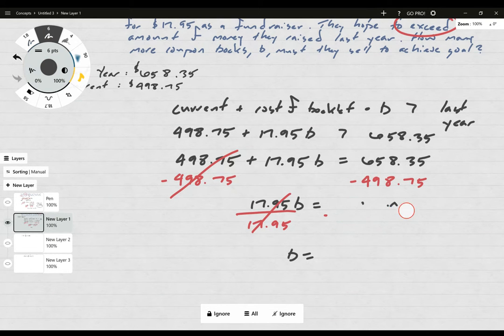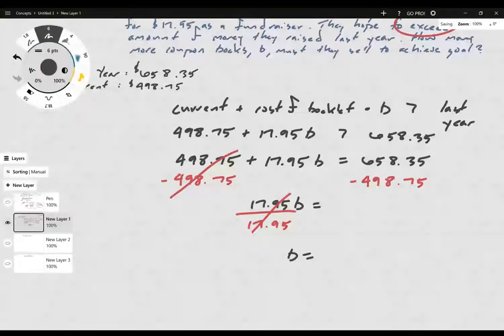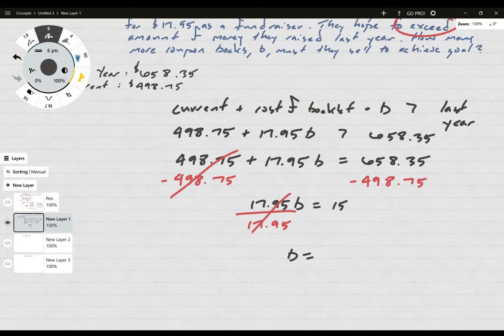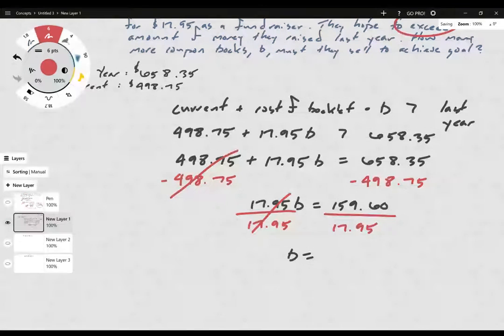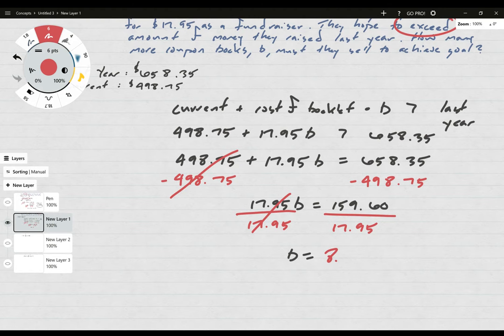Let's backtrack. My math was off a little bit and I misread my calculator. It's $159.60. There we go. Just fix this. 159.6 divided by 17.95. There we go. So that's going to give me approximately 8.89 booklets.